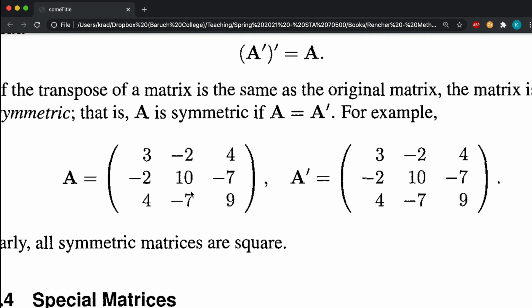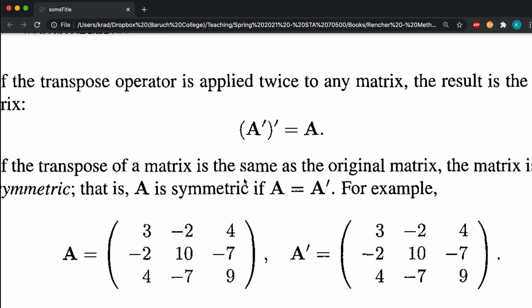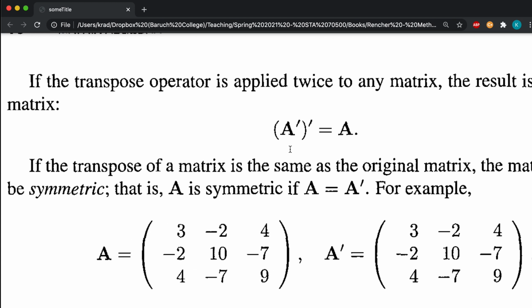So you have 4 and 4, you have 7, -7, and -7, you have -2 and -2. That's what we call symmetric. And as I said before, regardless, the transpose of a transpose is always the matrix itself. So if you transpose a matrix twice, you get the same matrix.